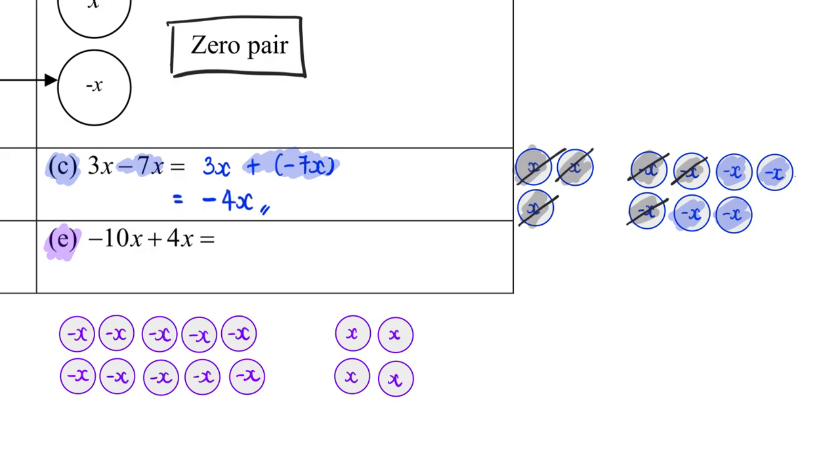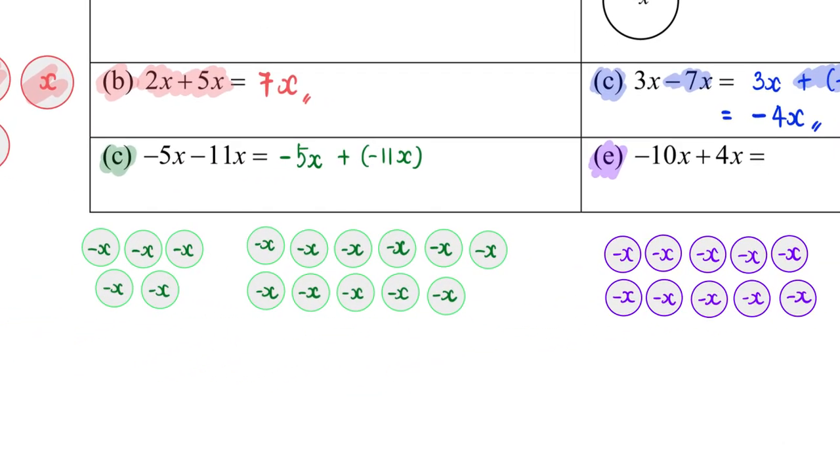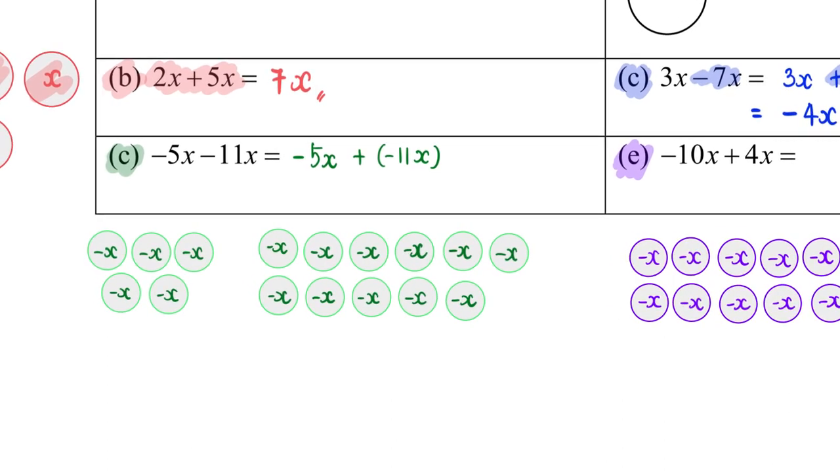Let's move on to part C, where we will focus on negative 5x minus 11x. When we have a minus 11x, we could see them as adding negative 11x. And therefore, in this case, all are negative.